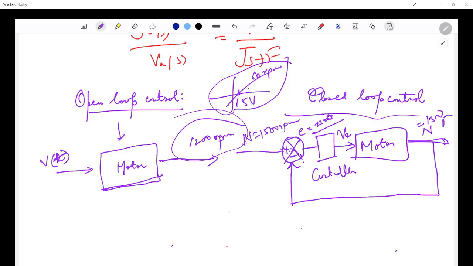So again I see that I have an error of 200 and I should take the corrective action accordingly. With this, a point of time will come when I'll be able to settle at what I wanted, whatever was my desired speed. I'll settle at that particular speed.